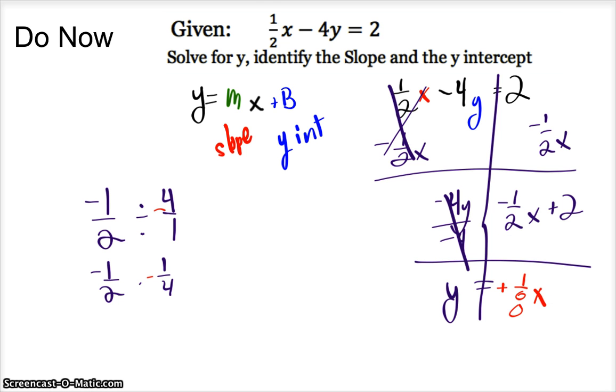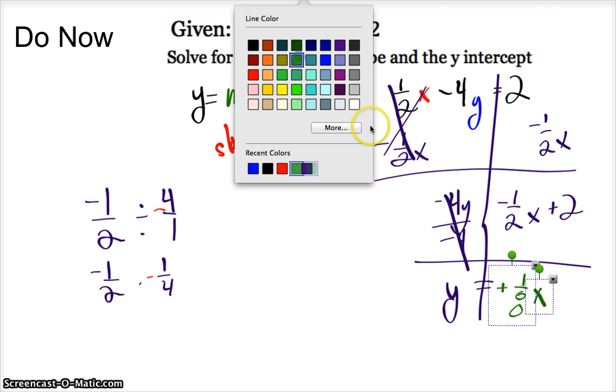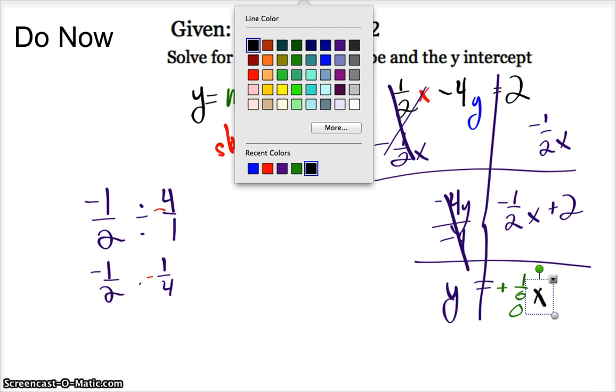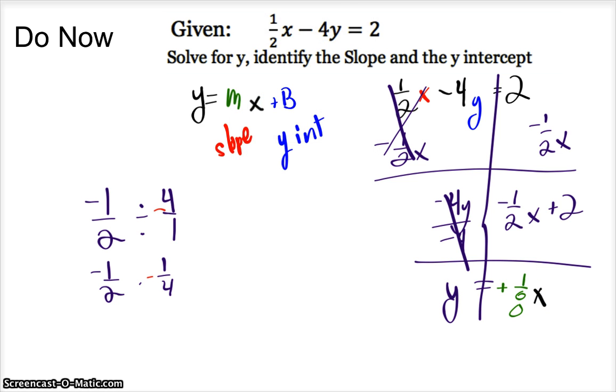Let's change those colors. This should be in green, and this x should be in black, and our constant is going to be plus 2. Okay, so we know this is our slope.